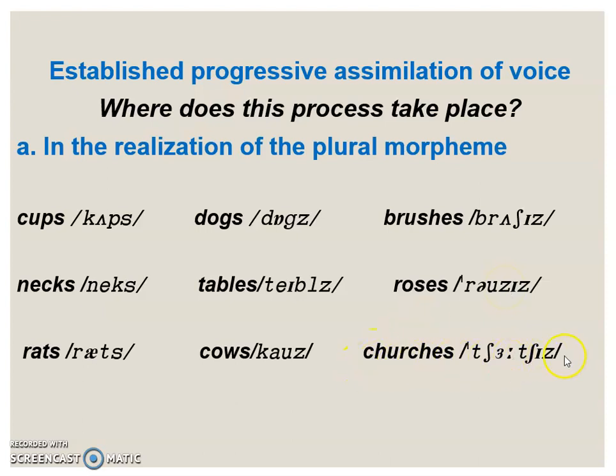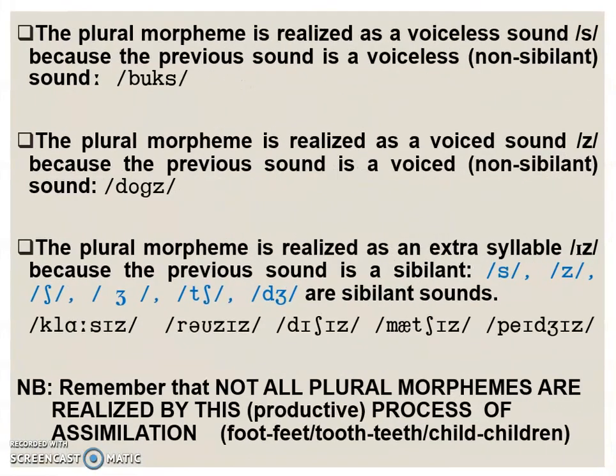Church, churches, ch. We have a sibilant sound there, so we know that the plural morpheme has to be realized as an extra syllable. Churches, it's realized as an extra syllable iz because the previous sound is a sibilant. So, this is something you have to learn.